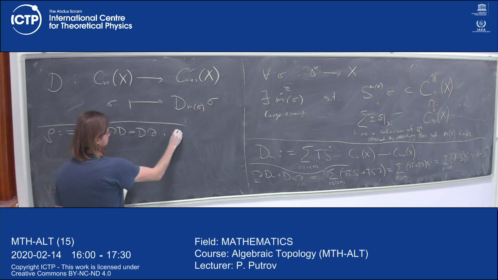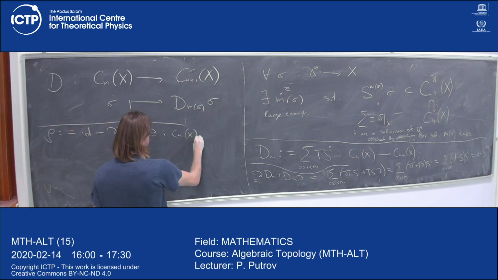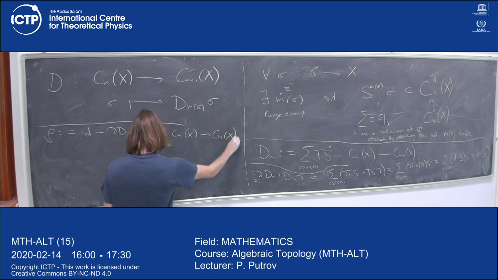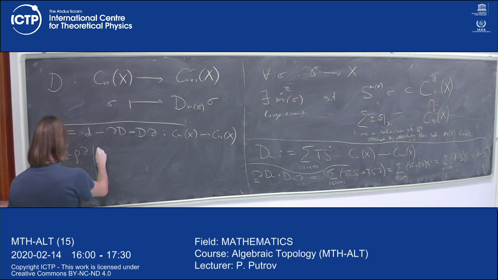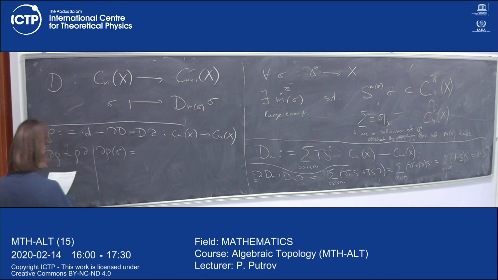And this is a map from C_n(X) to C_n(X). First we want to check that this is a chain map. We want to check this property, which all commutes with d. Okay, just use the definition. Let me act on some generator.